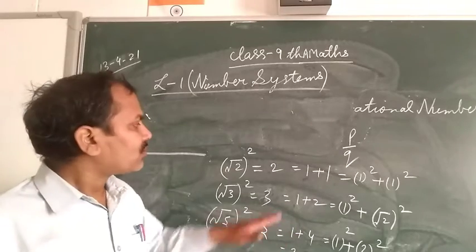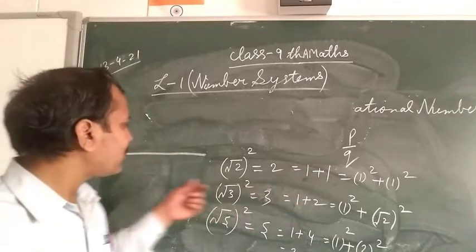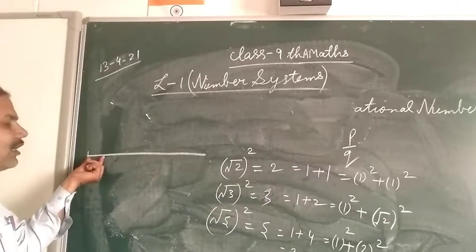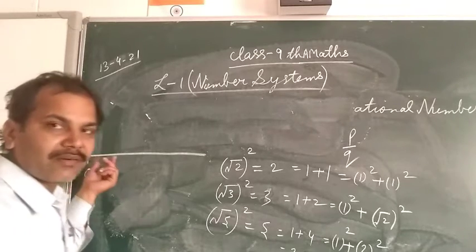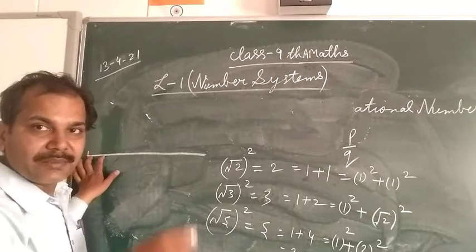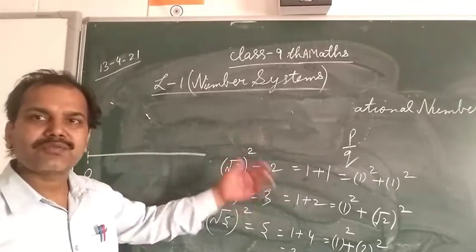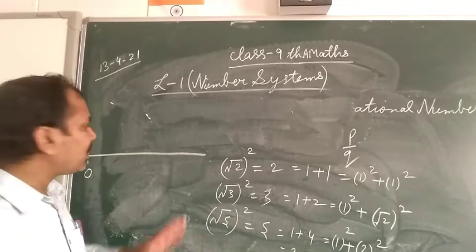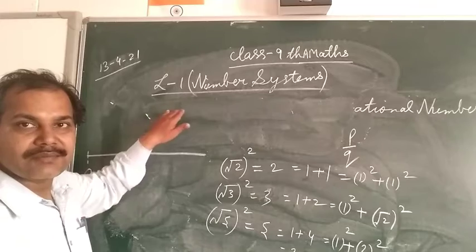Why are we supposing 2 or 3? Because when we suppose 1 centimeter, it will be very difficult to construct here. That's why you can suppose 2 or 3 also. But before constructing, write here what you have supposed.